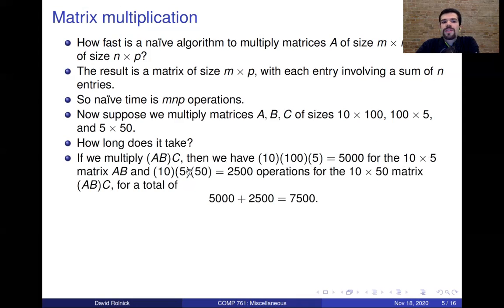And then we have to do the second multiplication, where the dimensions are the dimensions of AB, which is 10 by 5, and 5 by 50 for C. So the second multiplication is 10 times 5 times 50, 2,500. Overall, we have 7,500 operations. What if we were to do the other order, A times BC?